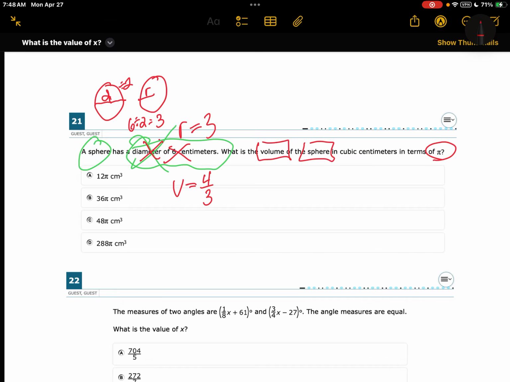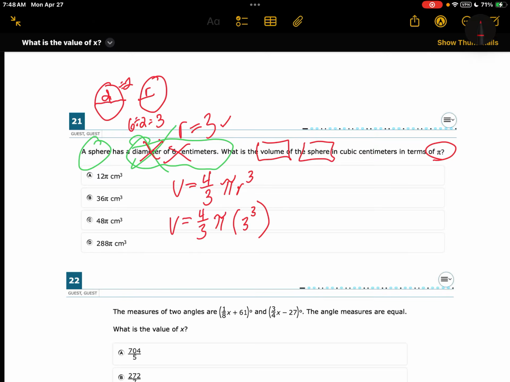If you look at the formula chart, it'll say V equals 4/3 pi radius cubed. Do I know what V is right now? No, so I put V, 4/3 times pi times the radius. Do I know the radius right now? Yes, the radius was 3. So 3 to the 3rd power.